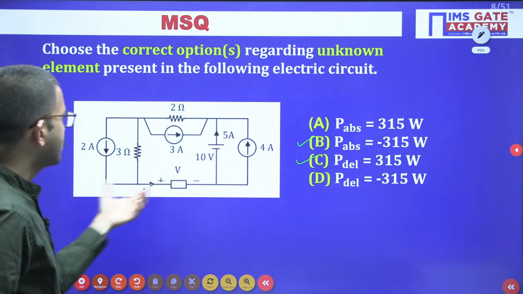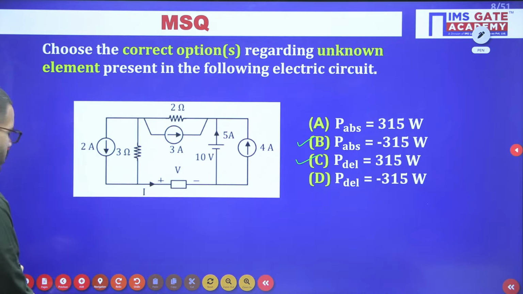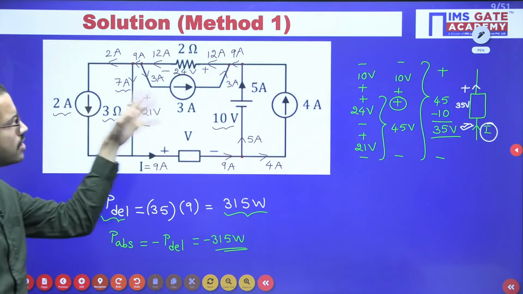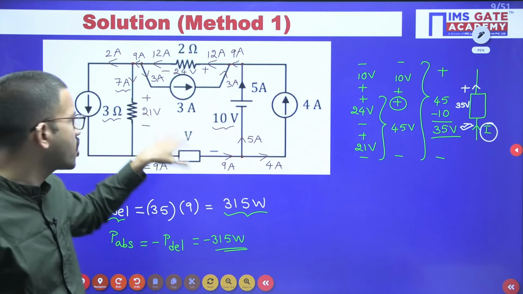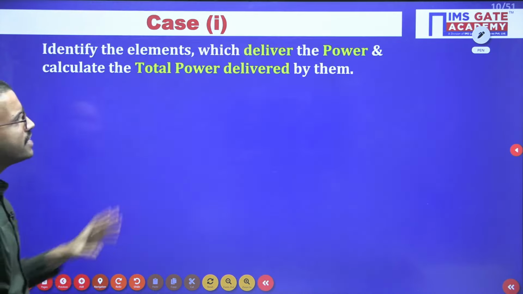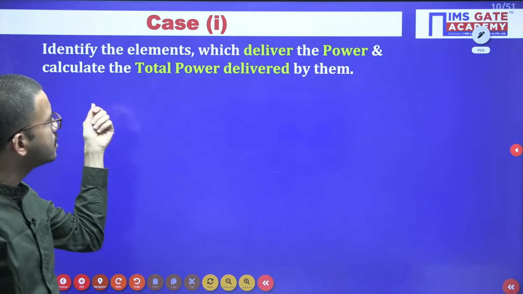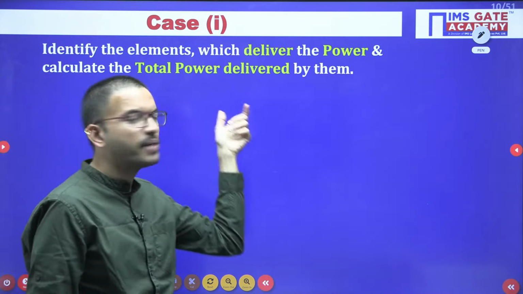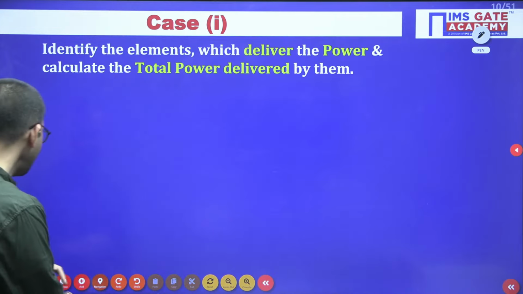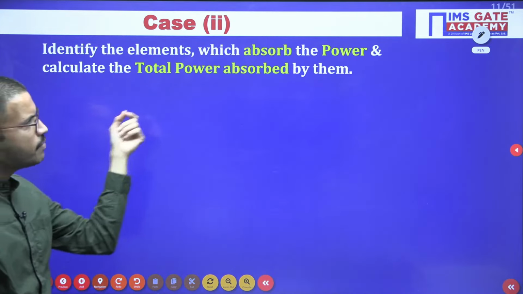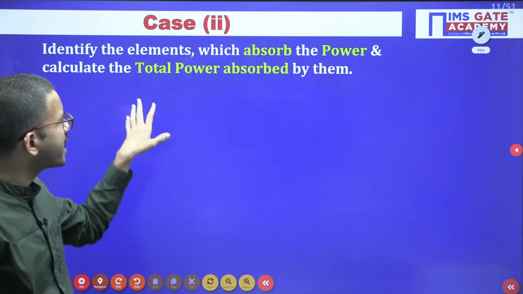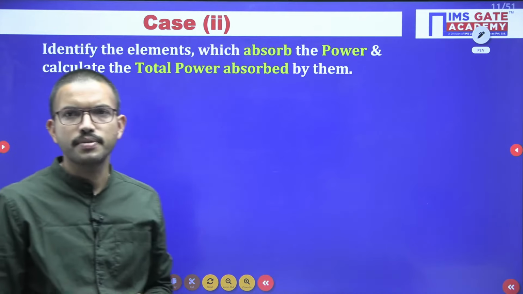Now for this question, just try to identify among all the given elements which elements are delivering the power, and calculate the total power delivered by them. And similarly, identify which elements are absorbing the power and calculate the total power absorbed by them.